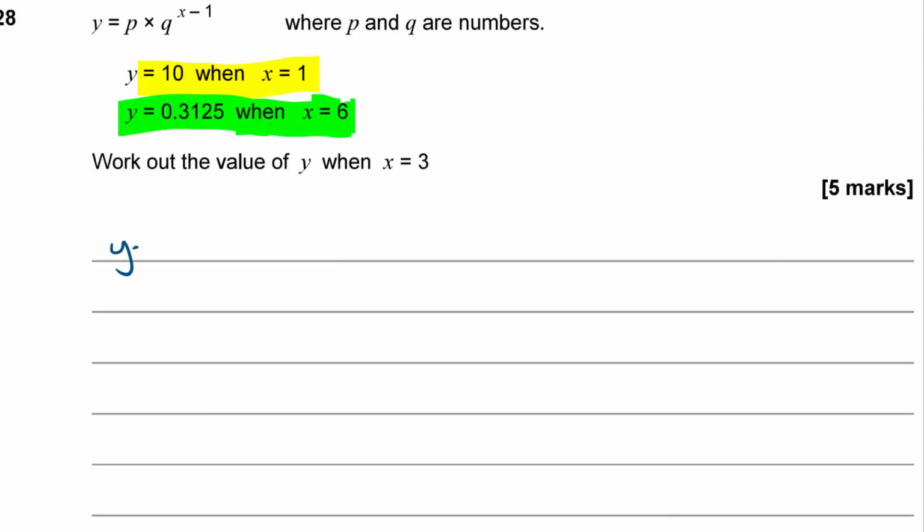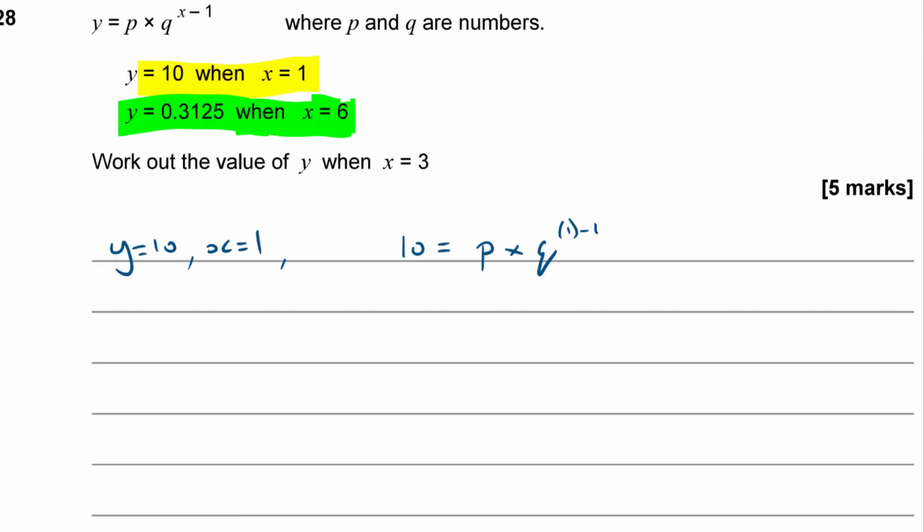So first off, when y is 10 and x is 1, then y equals p times q to the power of x minus 1 means 10 is equal to p times q to the power of 1 minus 1. Okay?